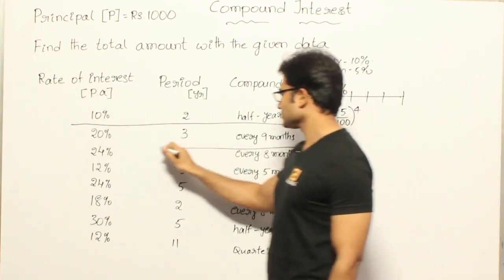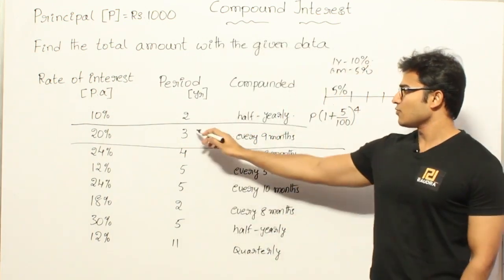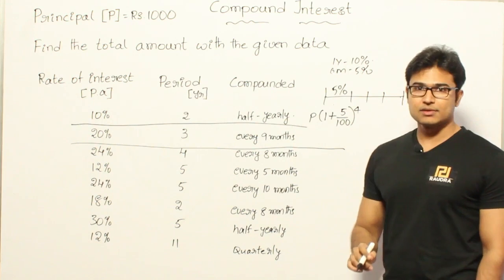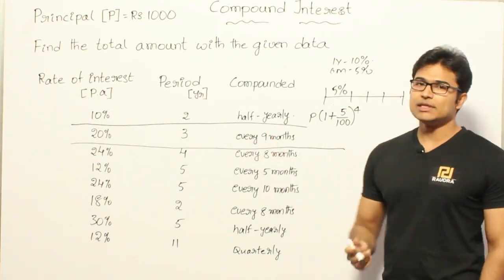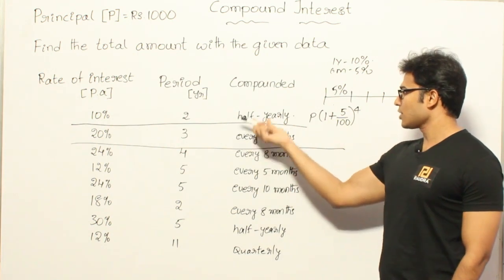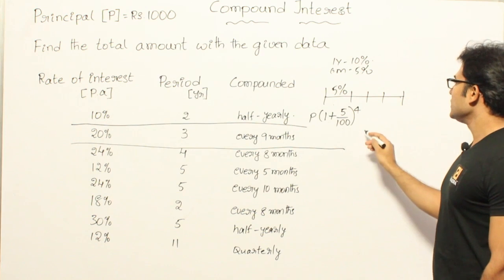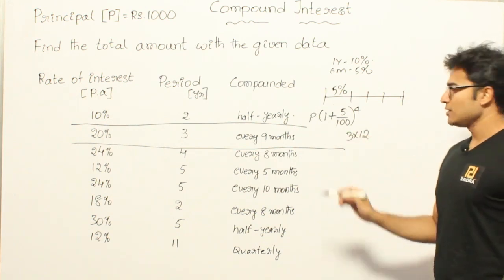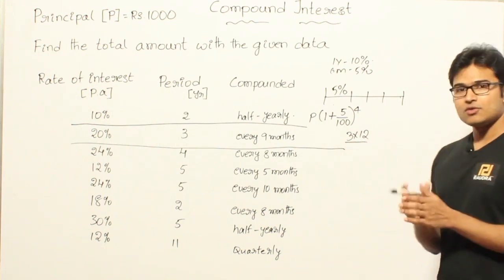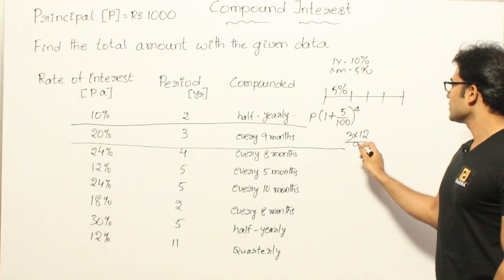See this. Next one is, they are saying that we are investing for a period of 3 years, and the amount is compounded every 9 months. Therefore, how to solve it? 3 years is 3 into 12 months, and these many months have to be divided into partitions in such a way that each part gets 9 months.